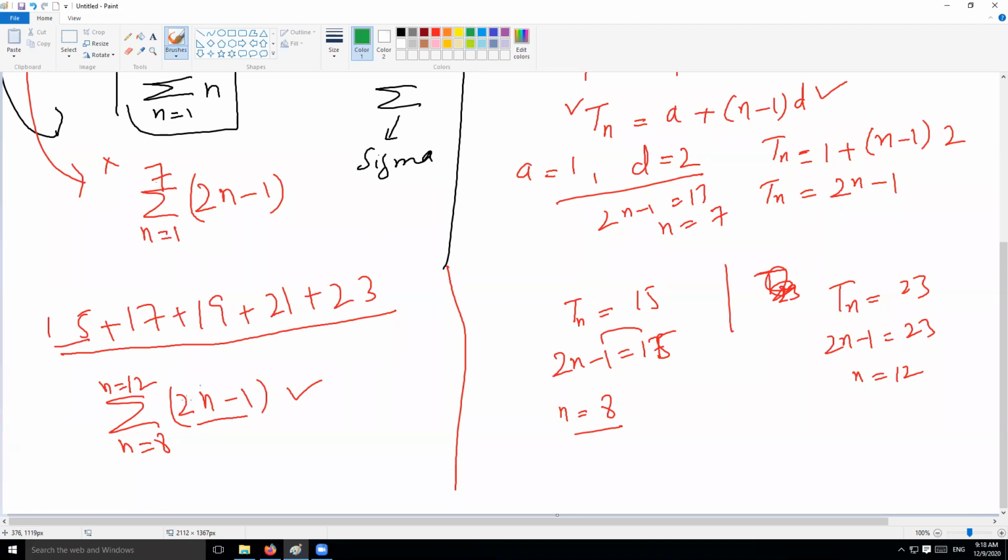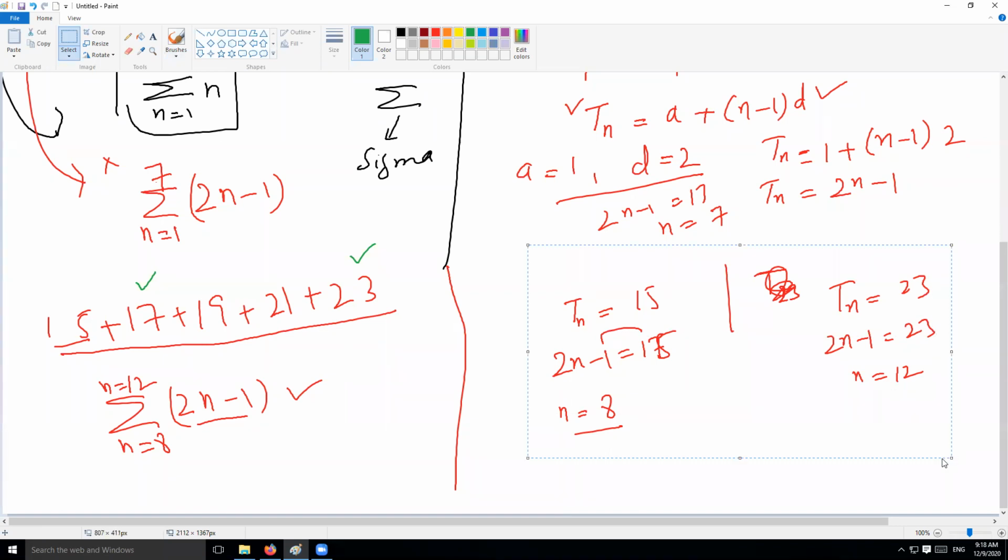If you substitute 9, 2 times 9 is 18, minus 1, you're going to get 17, and so on and so forth. If you substitute 12, 2 times 12 is 24, minus 1 is the 23. So all terms can be recovered from this sum.